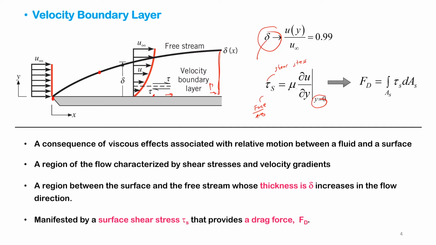Okay, so this is the shear stress. And if you want to calculate the total drag force, basically you integrate all of the shear stresses across the surface area. This is the top view, so we integrate all of the shear stresses at the wall, and the sum of the shear stresses gives us the drag force. If you have a constant shear stress, multiplied by the total area it will give us the total force. Okay.